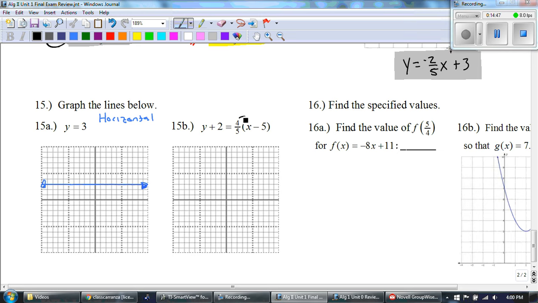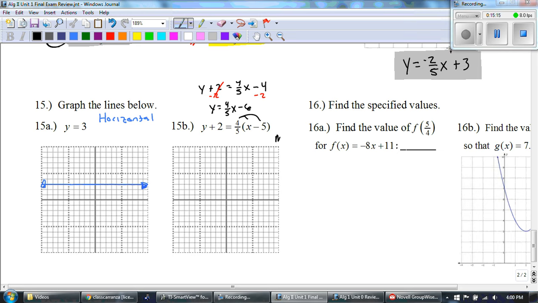So we have to solve for y. So we have to distribute, and I'm just going to go above it. So we get y plus 2 equals 4/5 x. 4/5, 4 times 5 is 20. 20 divided by 5 is 4. And then I need to subtract the 2 from both sides, and then we get y equals 4/5 x minus 6.